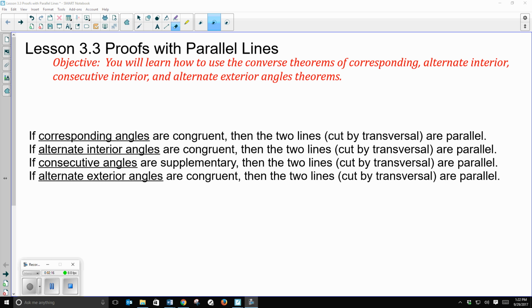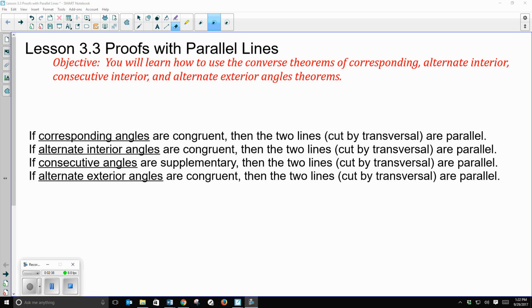Today, we're saying if you have two lines that you don't know are parallel, cut by a transversal, if you know that corresponding angles are congruent, then you know that the two lines are parallel.